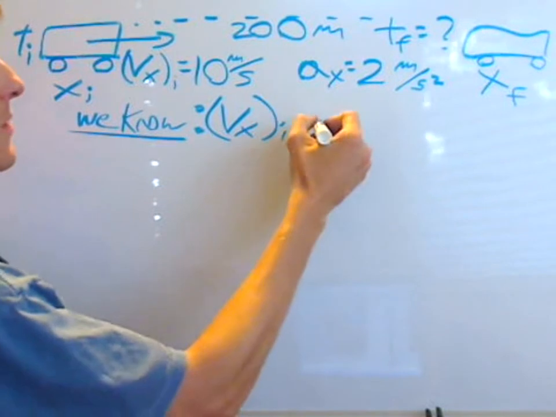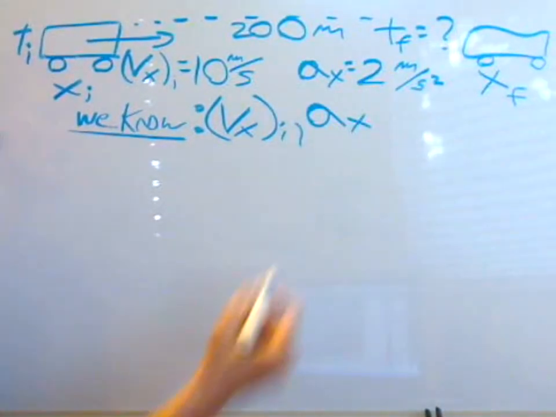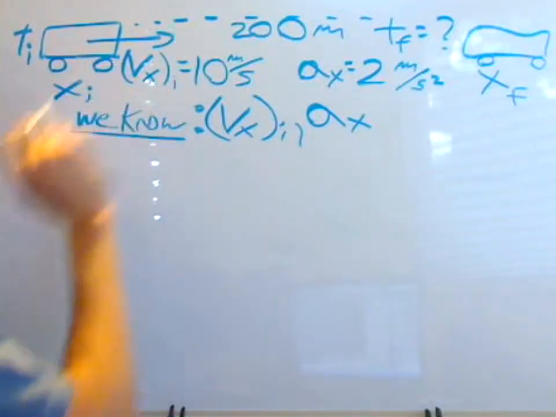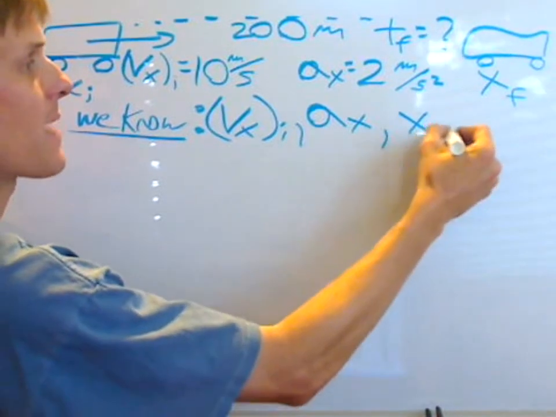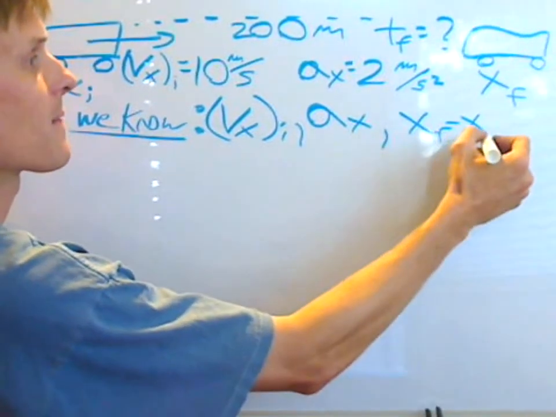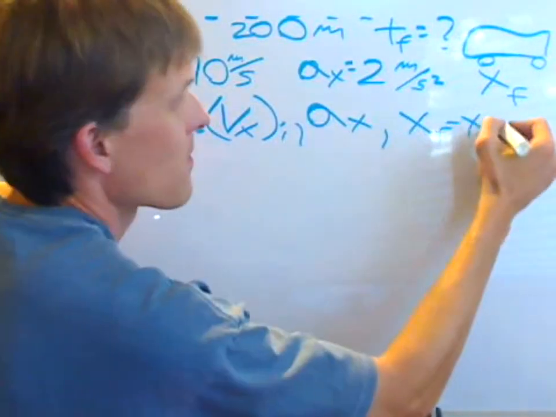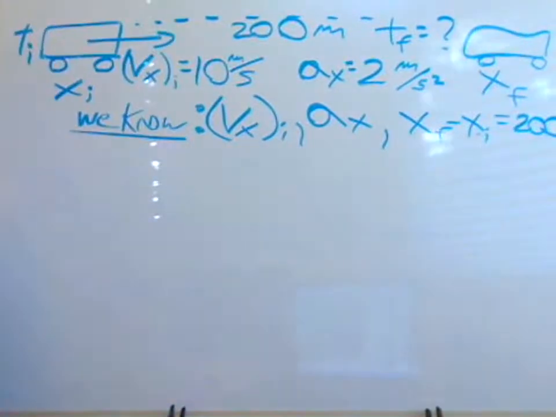We know what the acceleration is. And we know what the displacement is. The final position minus the initial position is the displacement, and we know that's the length of the ramp, 200 meters. So I'm just going to write that in here.